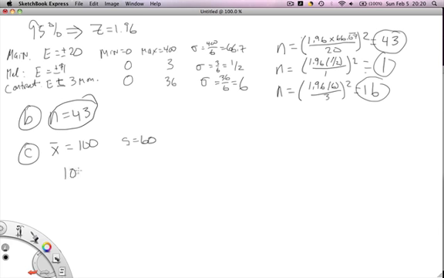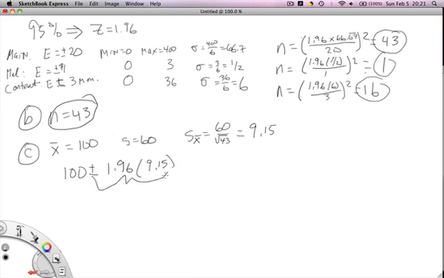Therefore, our confidence interval is 100 plus or minus 1.96 times the standard error. Let's work out the standard error. The standard error is going to be 60 divided by the square root of 43. 43 was our sample size. That's equal to 9.15.